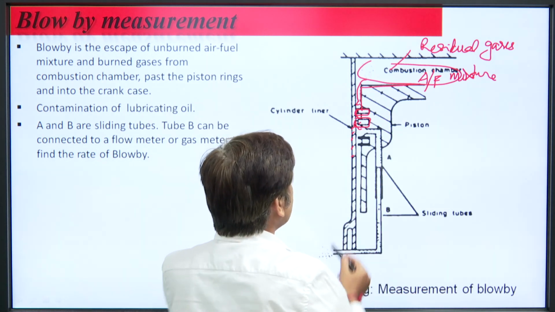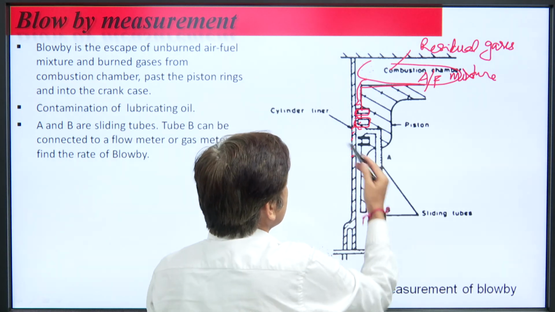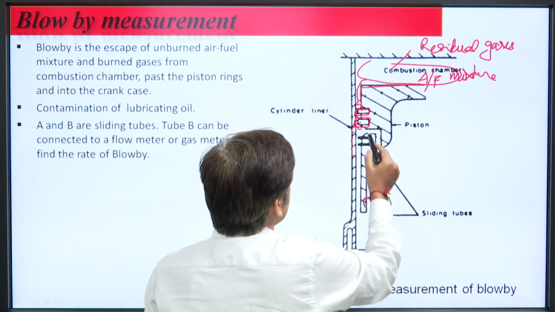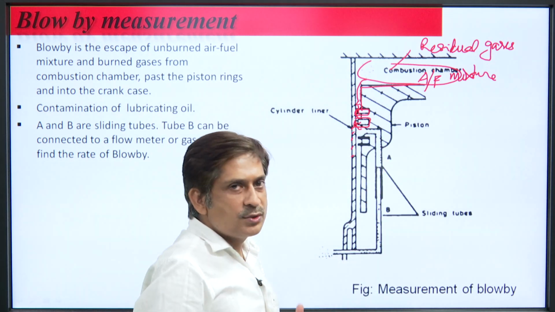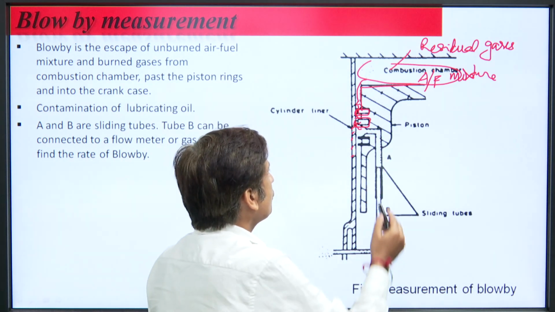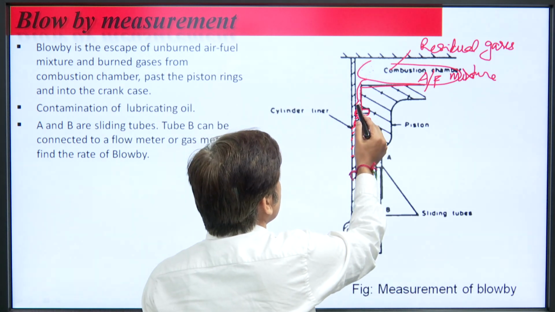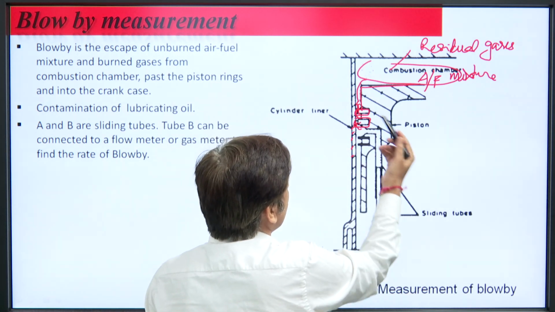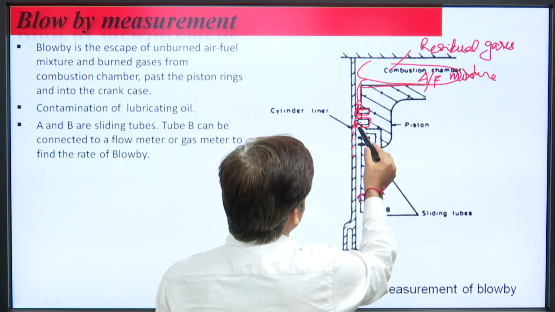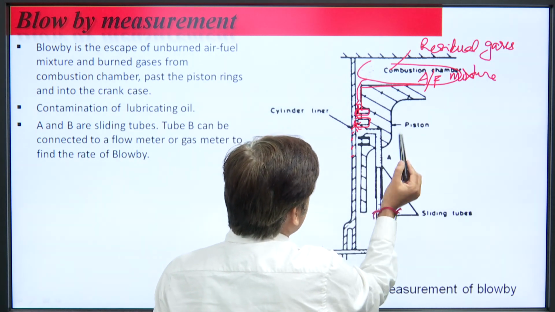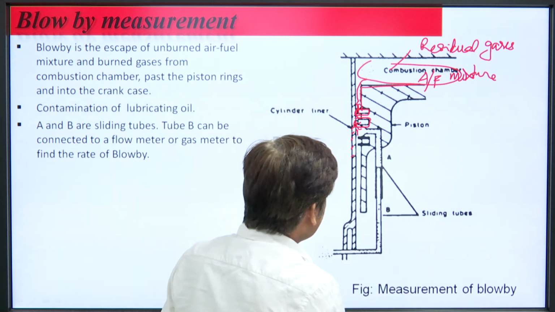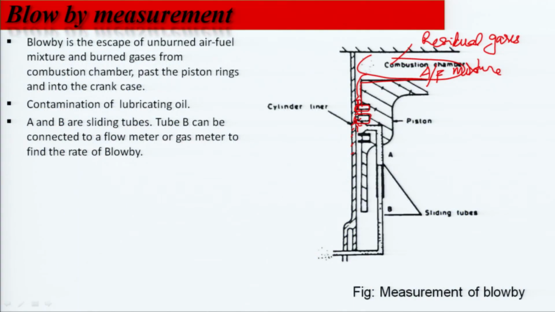After a long run of the engine, these piston rings may get damaged, or maybe if it is used at a higher compression ratio also. So, the residual gases or the fresh charge may come out through the piston rings.